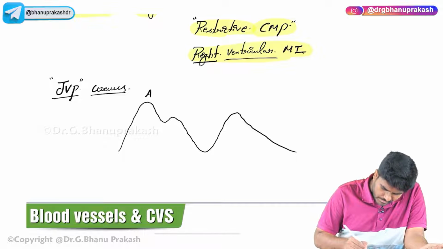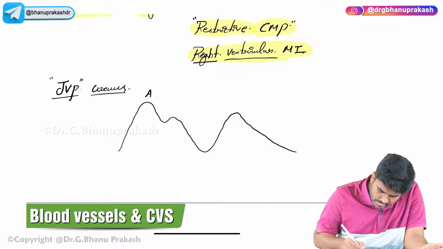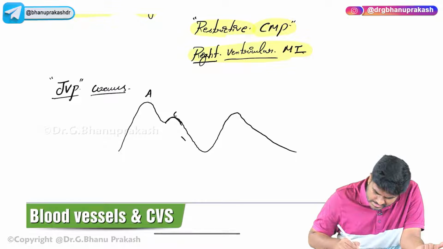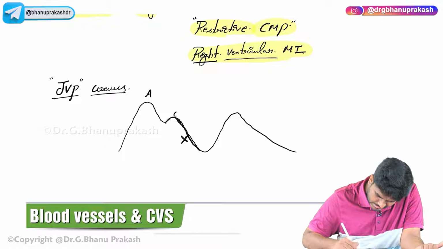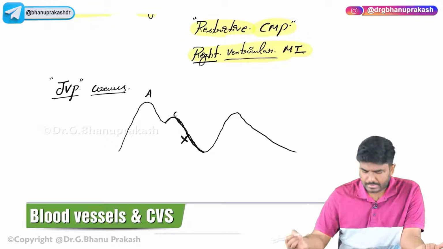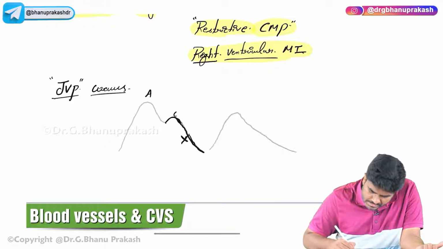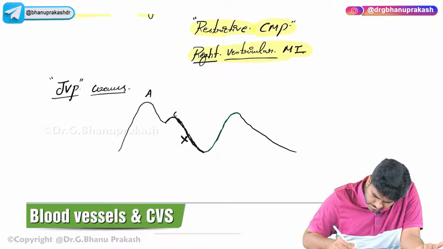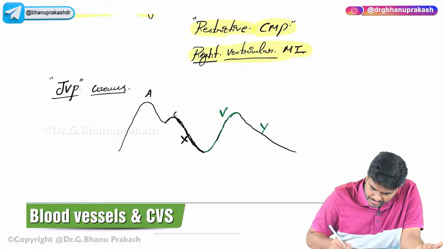A wave is due to atrial contraction, C wave during the closure of the tricuspid valve. The C wave will happen, and this is X wave due to atrial relaxation. Atria is getting relaxed, and this wave which I am highlighting right now is V wave because of the venous filling, and Y wave is atrial emptying.